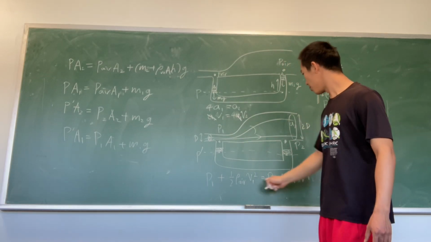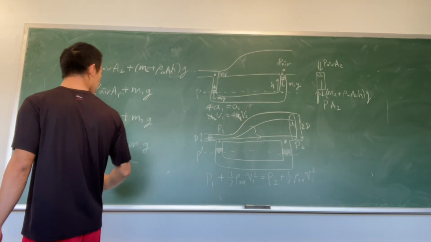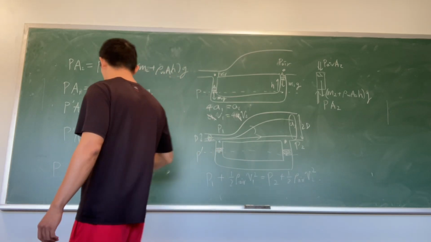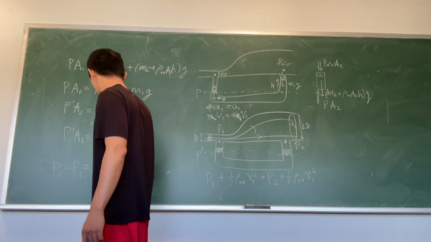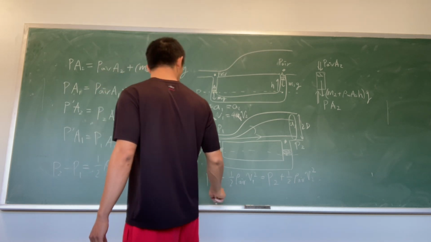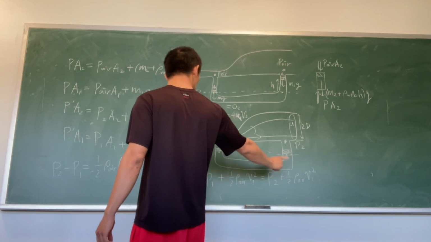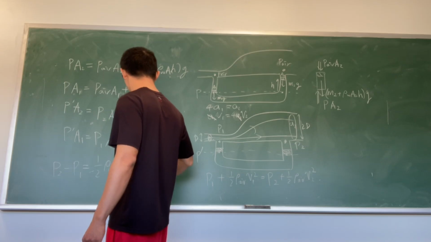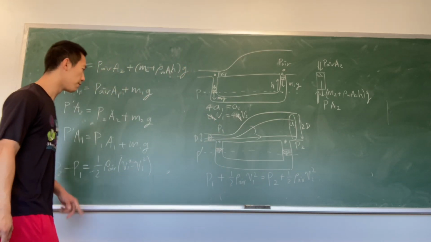So plugging in here, I get the pressure difference. Let's make it positive, so pressure 2 is bigger. So P2 minus P1 equals 1/2 rho air, and I move V2 to here, V1 squared minus V2 squared. And indeed V1 is bigger, so this is positive equals positive.